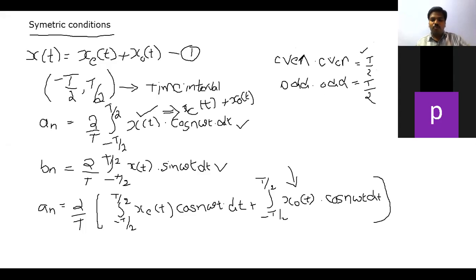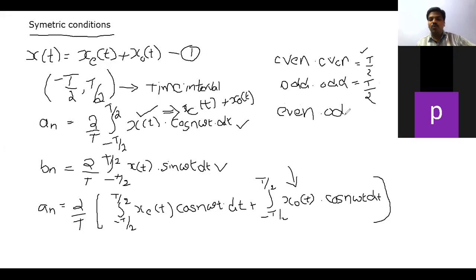So the integral of minus t by 2 to plus t by 2 of cos n omega t into cos m omega t is equal to t by 2 if n is equal to m, and that should not be equal to 0. In that particular case, the integral of the product of two even functions is equal to t by 2. Similarly, the product of odd and odd functions is also equal to t by 2 when n is equal to m. But the integral of the product of even function and odd function is equal to 0.